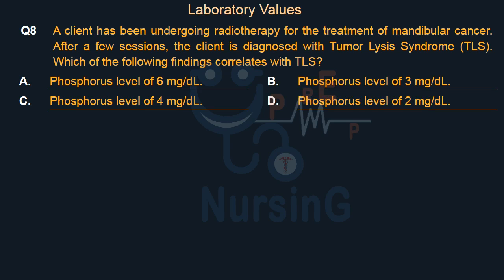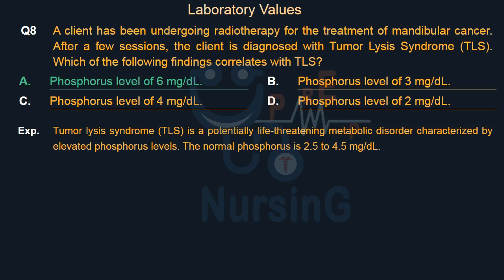Option D, phosphorus level of 2 mg/dl. Right answer is Option A, phosphorus level of 6 mg/dl. Tumor Lysis Syndrome, TLS, is a potentially life-threatening metabolic disorder characterized by elevated phosphorus levels. The normal phosphorus is 2.5 to 4.5 mg/dl.